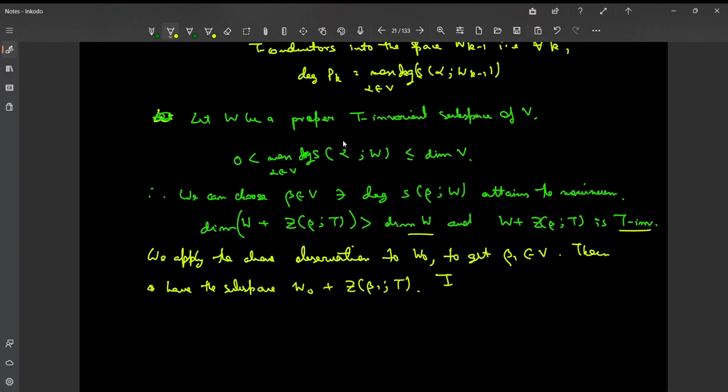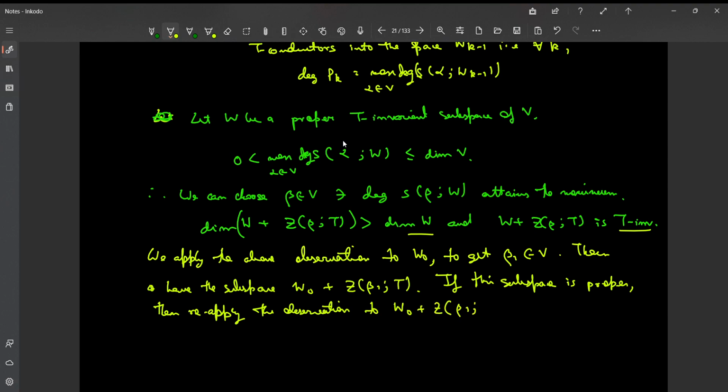So if this subspace is proper, then reapply the observation to W naught plus the T cyclic subspace generated by beta 1, and then again we will get another vector, to get some vector beta 2 in V. Now obviously these are non-zero vectors, right?